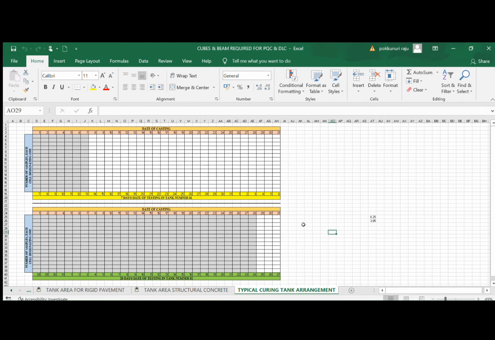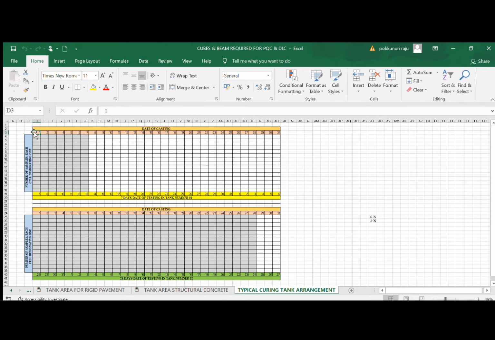You can see that the 7 rows on the first tank, which is tested at 7 days, will always be filled with cubes, because for each consecutive day, the one which is behind, that is in column 1, will get cleared off by the time you fill up the 8th column.